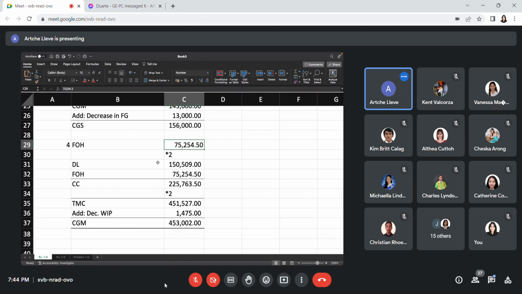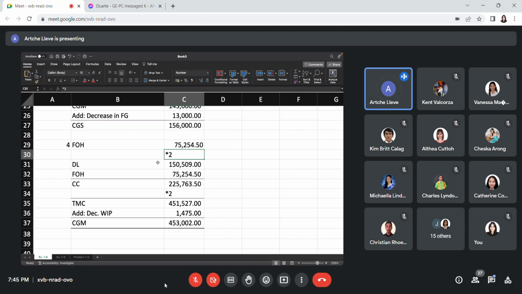Number 4. So for number 4, you take note of the factory burden in November, which is 75,254.50. It already states there that the factory burden is 50% of the direct labor cost. And the conversion cost is 50% of the total cost of manufacturing. Considering that we are to get your cost of goods manufactured, what's important is the total manufacturing cost plus WIP beginning minus WIP end.